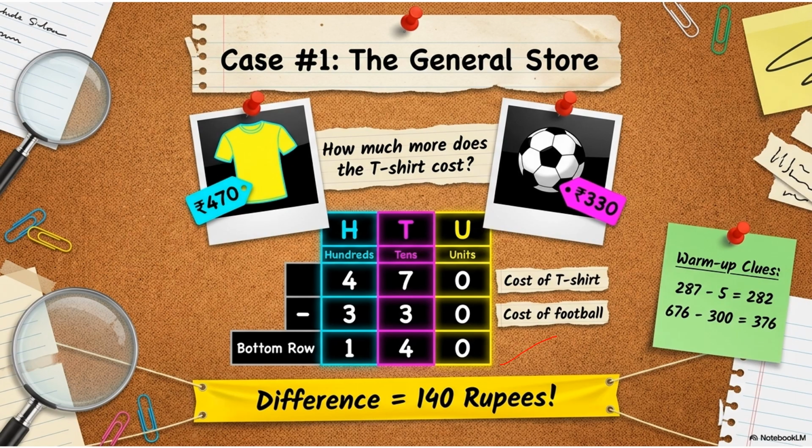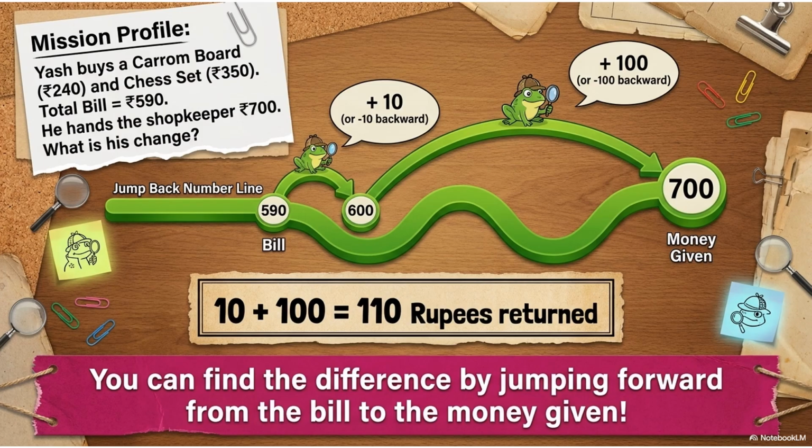That's the difference. Okay, now Yash buys a carom board at 240 rupees and a chess set at 350. His total bill is 590 rupees. He gives the shopkeeper 700 rupees. So what change should he get back? That is what we are going to find out. Now you can find the difference by jumping forward from the bill to the money given.